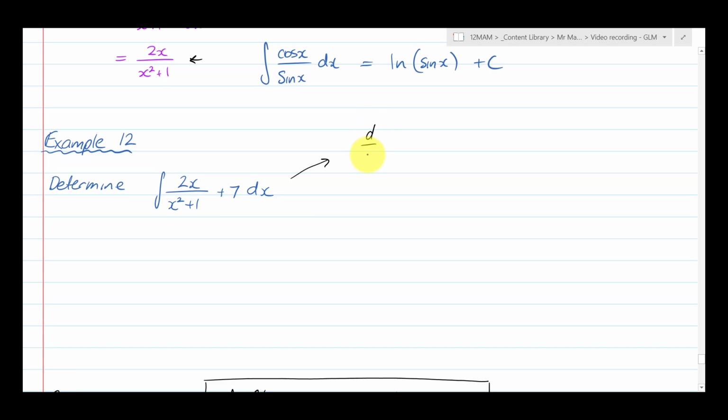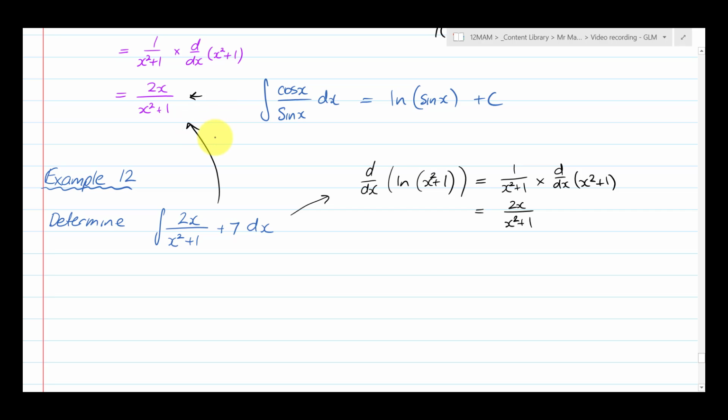If I derive the natural log of x squared plus 1, it comes out to 1 over x squared plus 1 times the derivative of the inside function, x squared plus 1, which equals 2x over x squared plus 1.